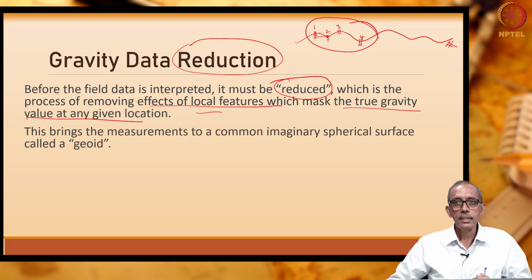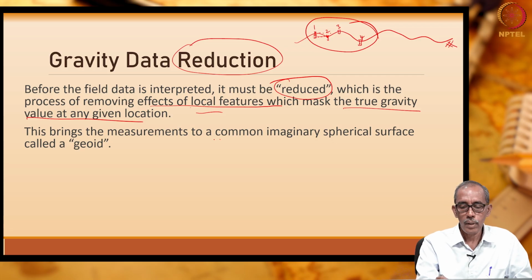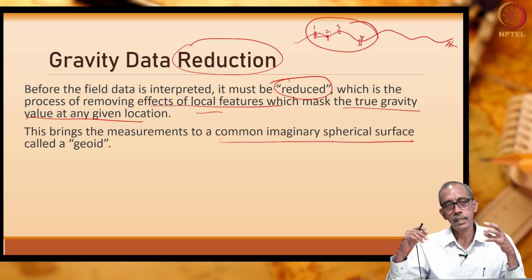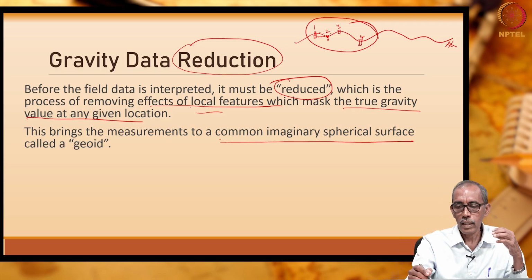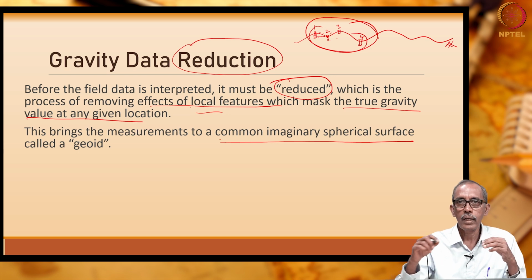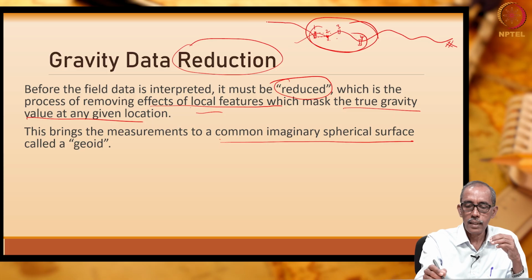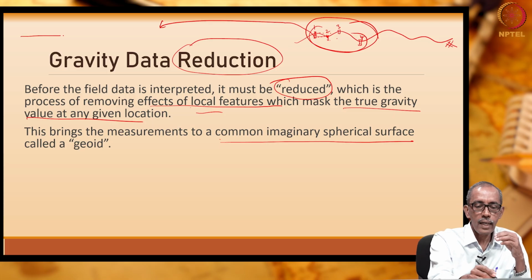Then what is the advantage of doing the reduction? This brings the measurements to a common spherical surface, which we call the geoid, right? So, there were so many undulations on the surface of the earth, which we are removing, right? By removing them, what we are achieving is that this area is converted into a kind of flat terrain.